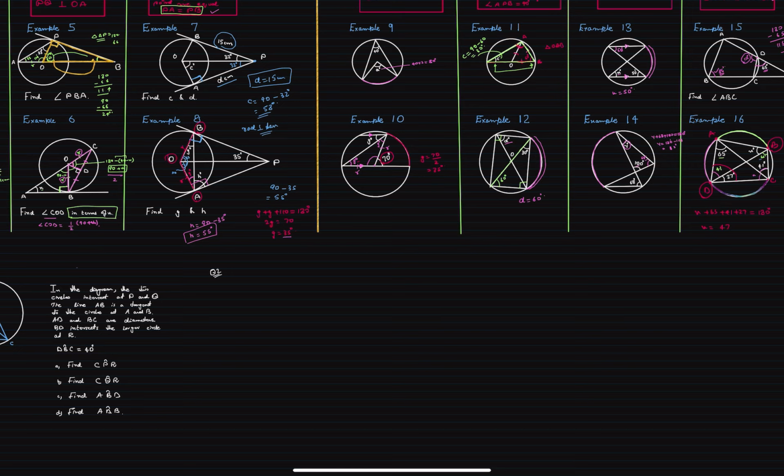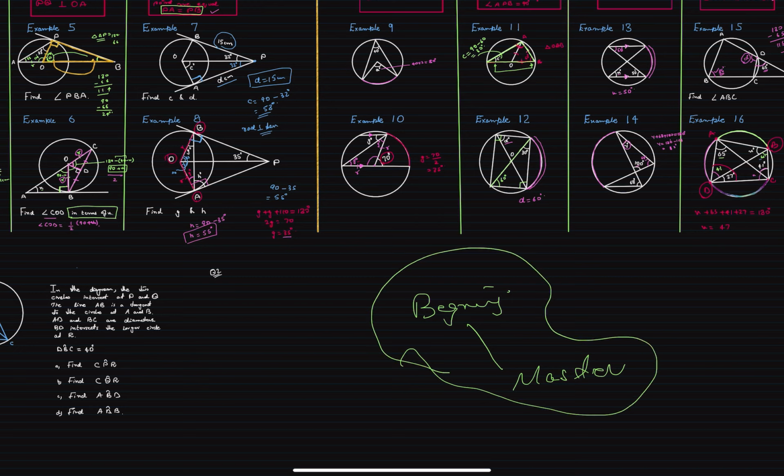But of course, when I say a comprehensive video, it means you are starting from the beginning and you will become a master in this topic, right? So the comprehensive video is all about that, right?